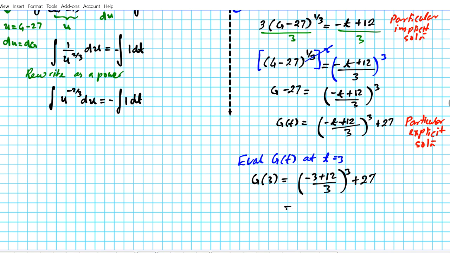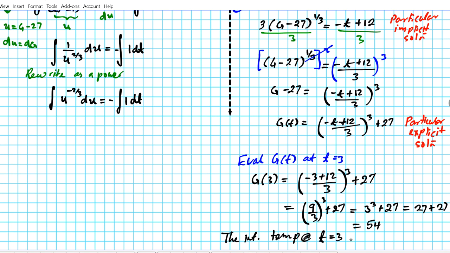So we have negative 3 plus 12 is 9. 9 over 3, cubed, plus 27. 9 over 3 is 3. 3 cubed plus 27 is 27 plus 27. And our final answer is 54. Okay, so the internal temperature at t equals 3 is 54 degrees Celsius. And there you have it.